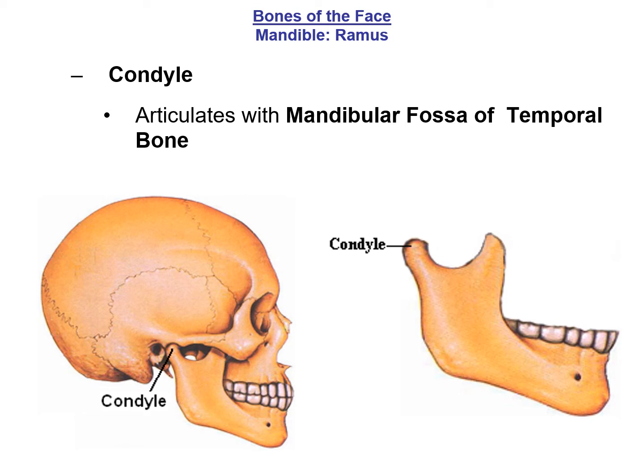So it's the articulation point with the mandibular fossa, I should say, of the temporal bone. That mandibular fossa was that little dent in the temporal bone, and the condyle fits in that, and that's the joint for your jaw. If your jaw becomes dislocated, this condyle has popped out of joint, and they'll pop it back in, which apparently is very painful.